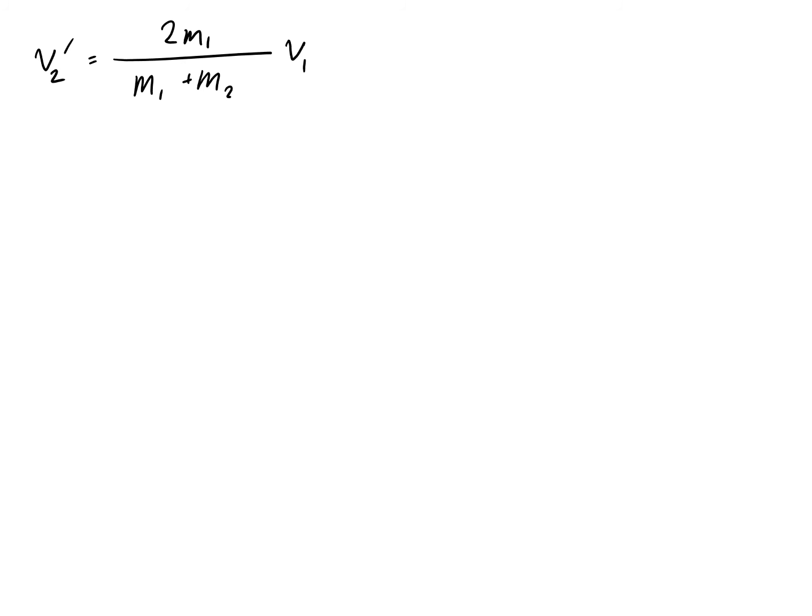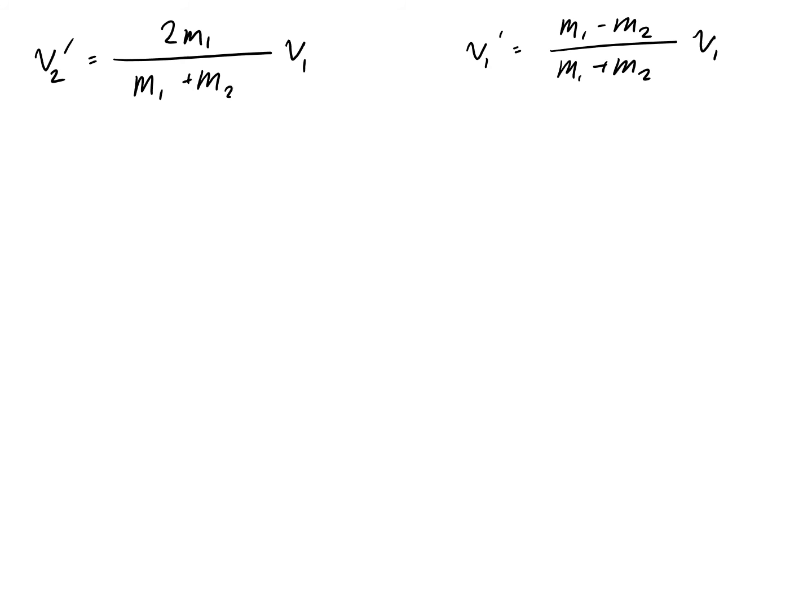So I can use this equation to solve for the final velocity of 2, and the other equation, mass 1 minus mass 2, divided by the two masses added together, I can use this equation on the right to solve for the final velocity of marble 1.